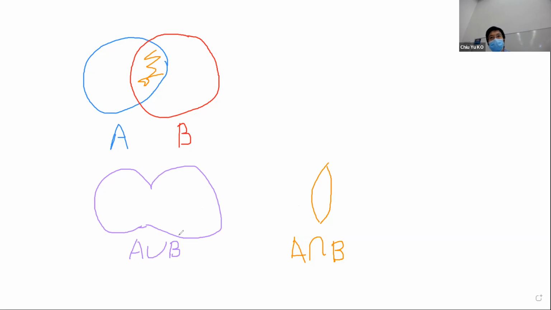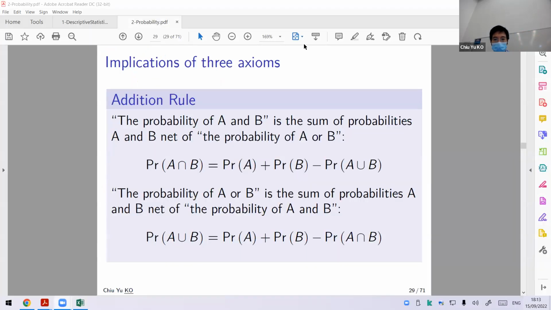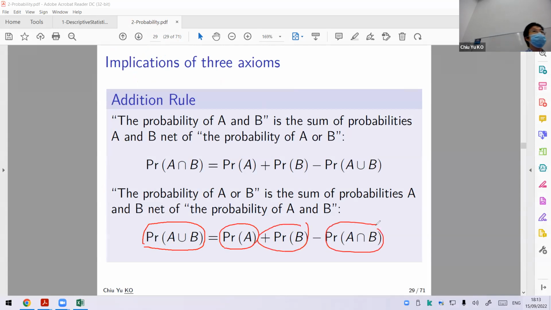Now go back to the slide. This purple is red plus blue minus orange. So this is what it means.